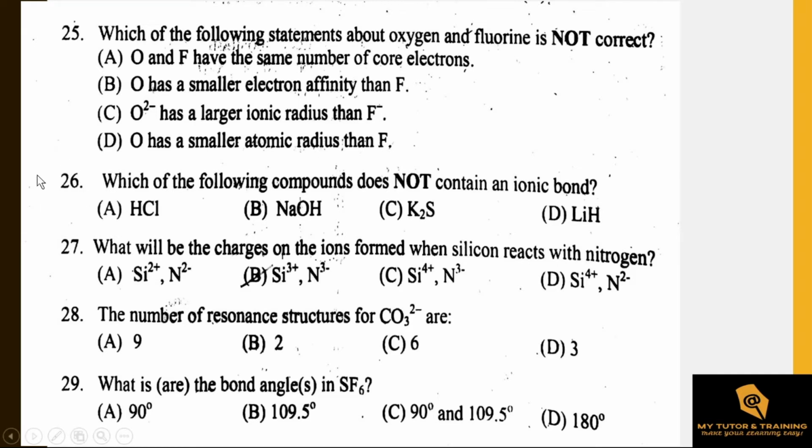Question number 26. Which of the following compounds does not contain an ionic bond? Students, how is an ionic bond formed? An ionic bond is formed when metals react with non-metals, or when ammonium ion reacts with non-metallic elements.